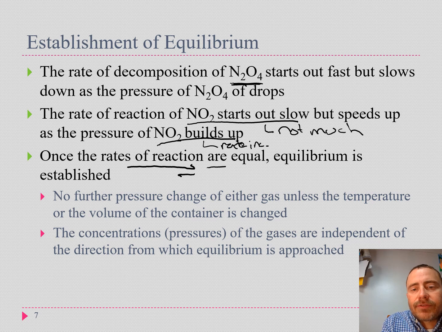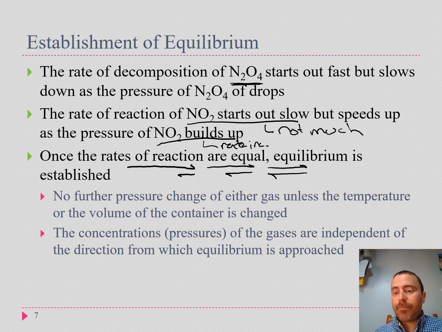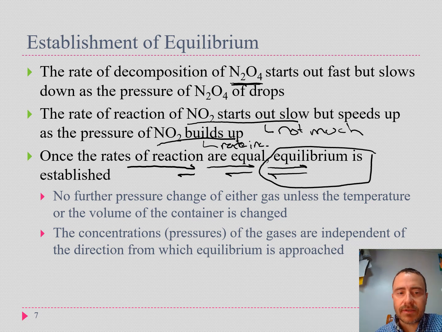Then after time, the rate of our forward reaction slows down, and the rate of the reverse one starts to speed up. The forward rate keeps slowing down, and eventually the rate of our reverse is going to equal it. Once we reach that point, we are at equilibrium, when those rates are the same as each other.